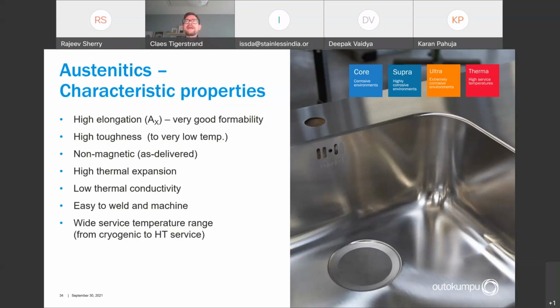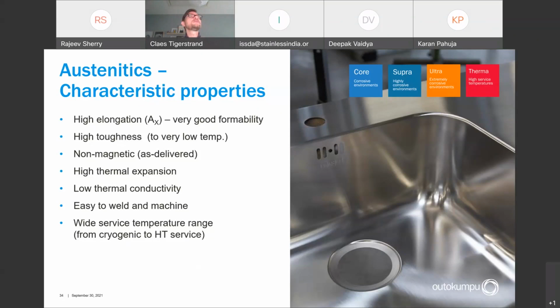And as I said earlier, where you have a lot of deformation in the zinc, the material will transform into martensite, so it will actually be magnetic there, whereas in the other parts, typical austenitic grades are not magnetic as delivered, but if you cold deform it, it will become magnetic locally. With the austenitic structure, you also have a high toughness, and that can be utilized also at low temperature.